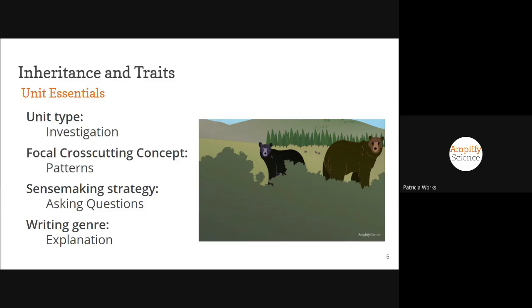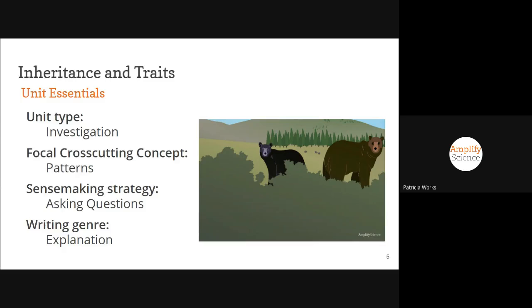The focal cross-cutting concept in this unit is patterns. As they delve deeply into making observations of traits in a wide variety of organisms, students observe both similarity and variation. As students begin to understand that patterns in particular traits can be evidence that organisms are closely related or less closely related, students use more and different kinds of data to look for patterns to answer questions about traits.